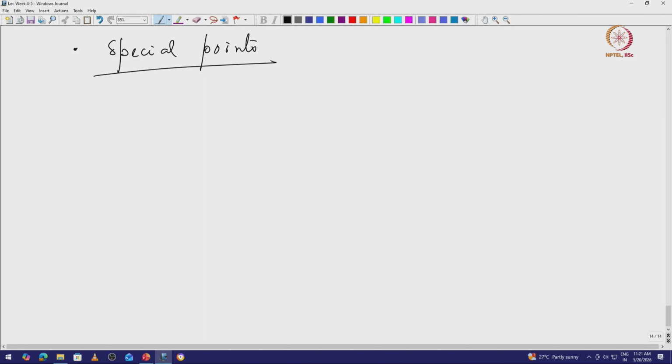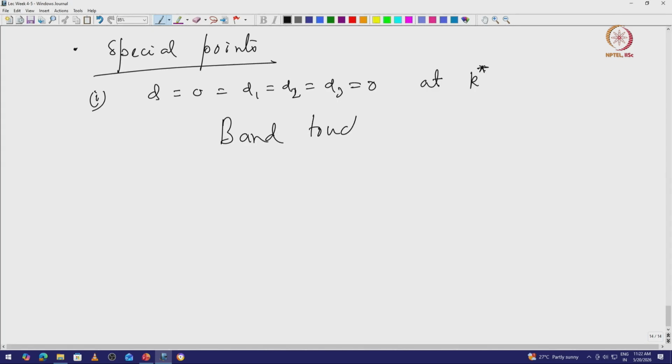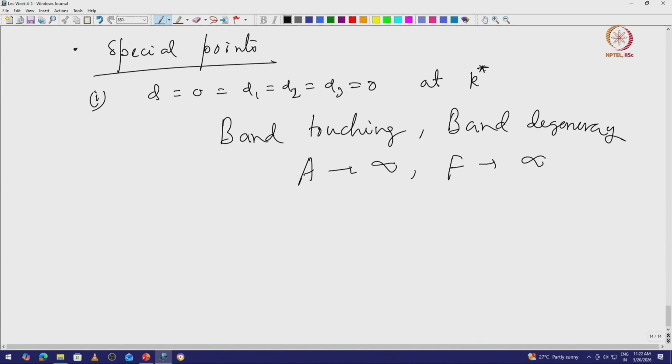And the consequence. So the first one is, if I have a parameter space where d goes to 0, when d1, d2 and d3 all go to 0 at some k star, that can be a single point or a contour, we will talk about it, then we will have a band touching or band degeneracy, where A is singular and F is also singular, infinity.